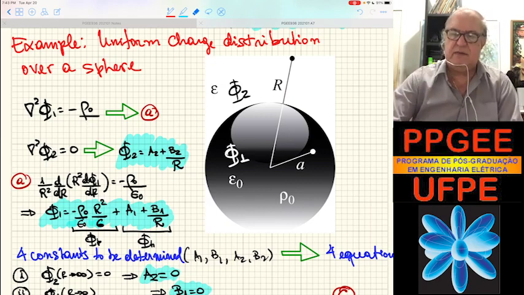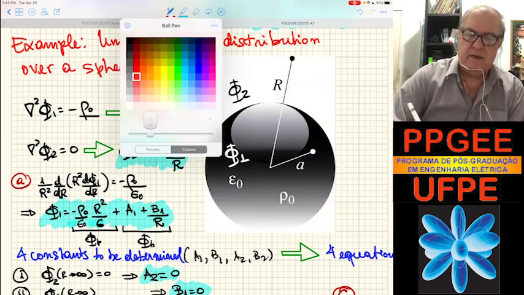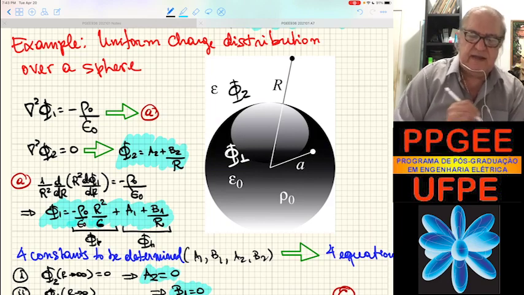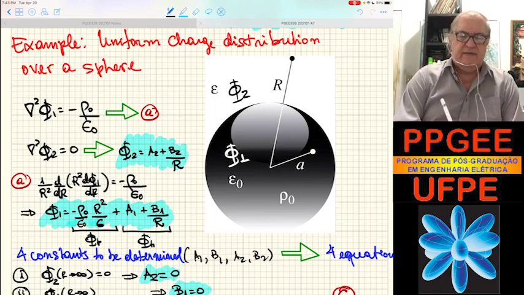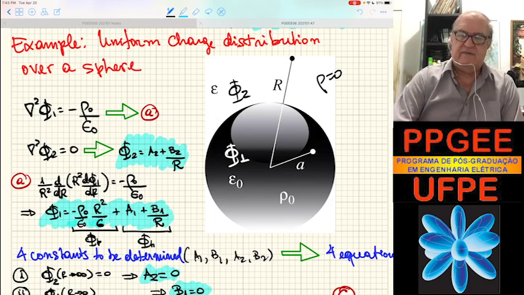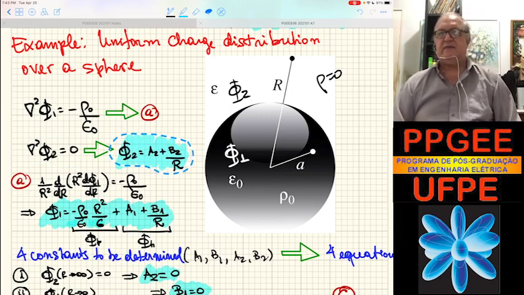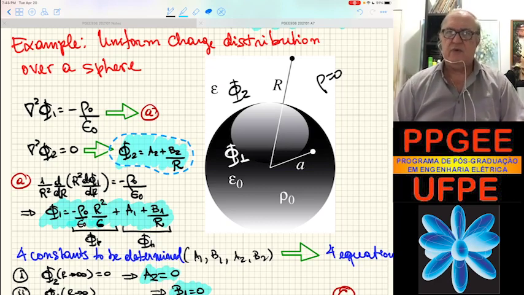In region 1, the permittivity is epsilon 0, so here we have Poisson's equation with permittivity epsilon 0 inside. And outside we have rho equals 0, so we have Laplace's equation. We know the general solution outside, which for a spherically symmetric problem is this one. Again, the potential only depends on the distance r.